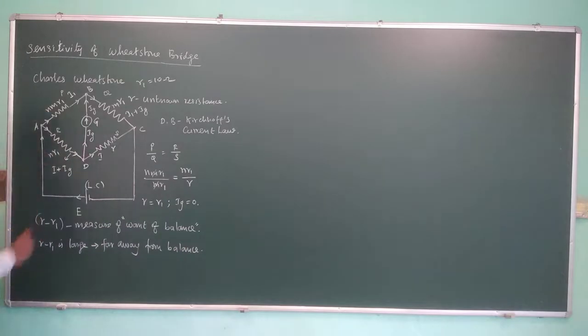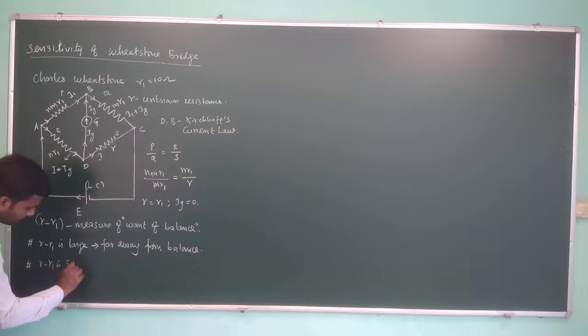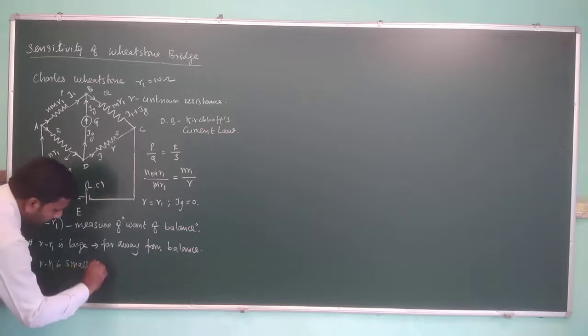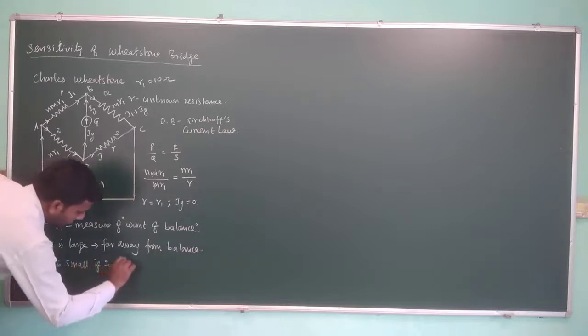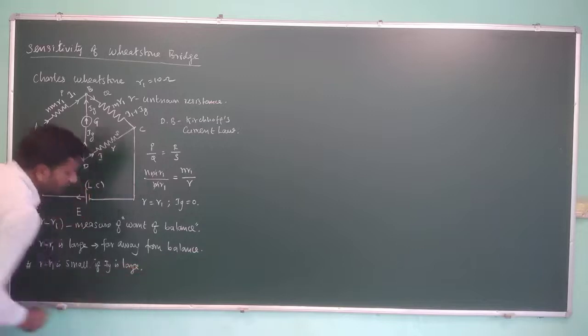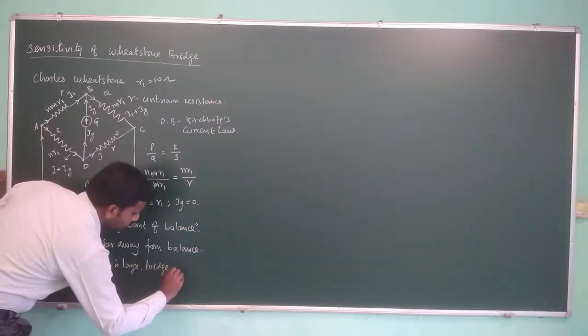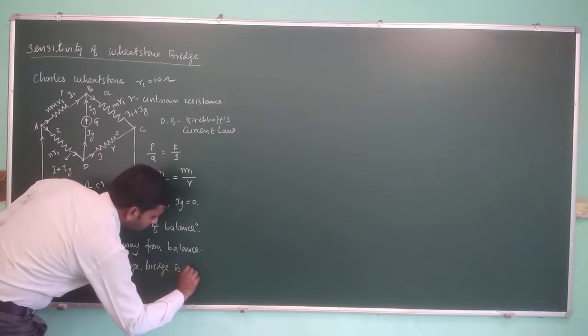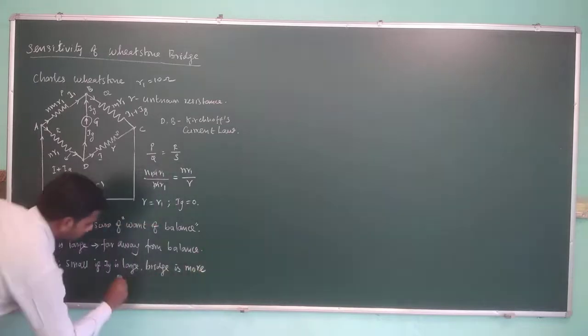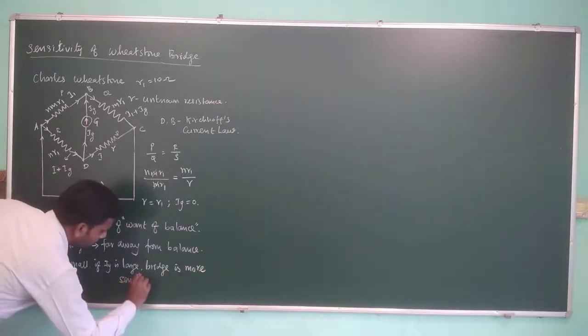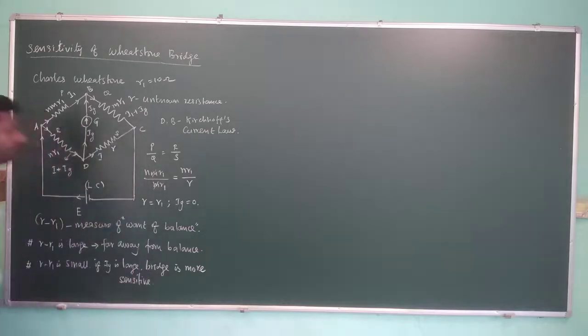Another point, even though R minus R1 is small, if Ig is large, then the bridge will be more sensitive. Fine.